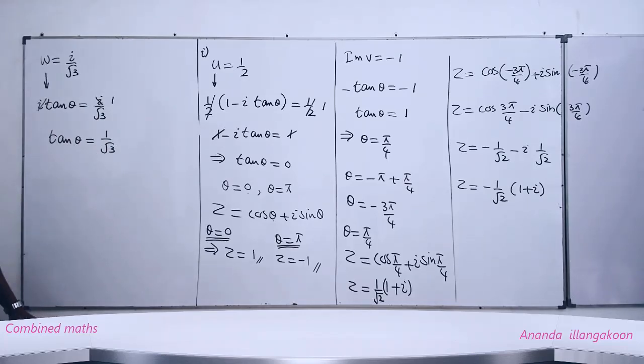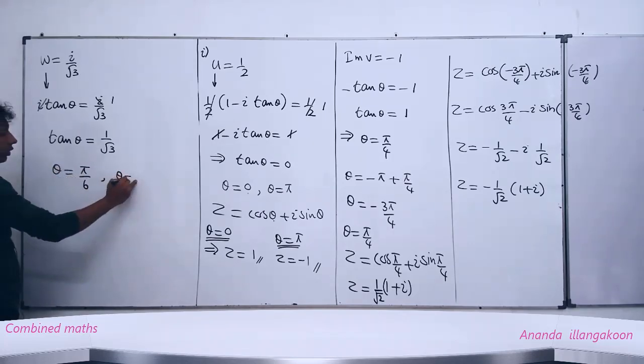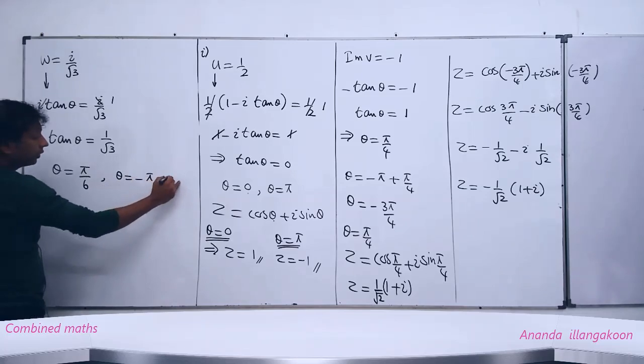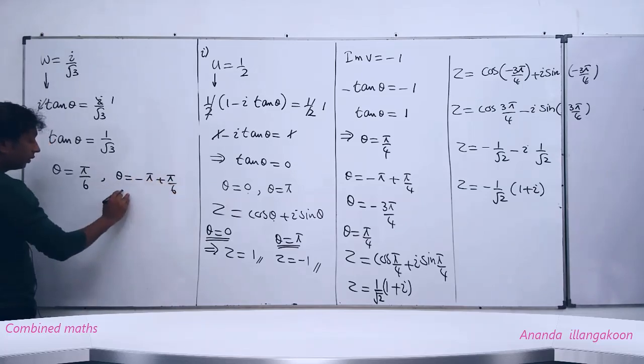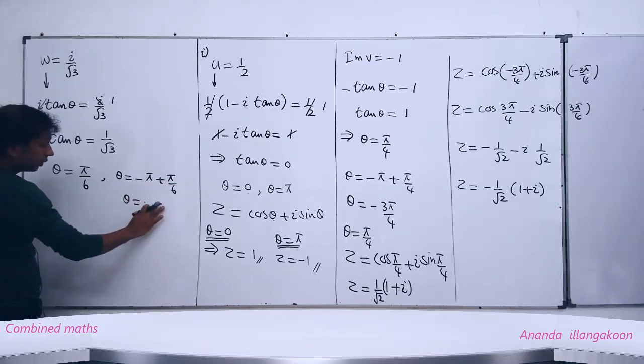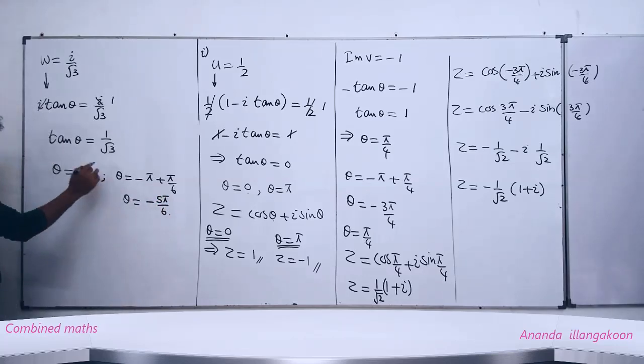Okay. Then you can write, for tan theta equals 1 over root 3, people, theta equals pi by 6 as before. And the other one is minus pi plus pi by 6. Right? This one is nothing but minus 5 pi by 6. Okay.